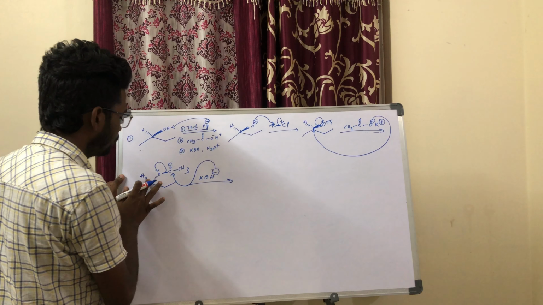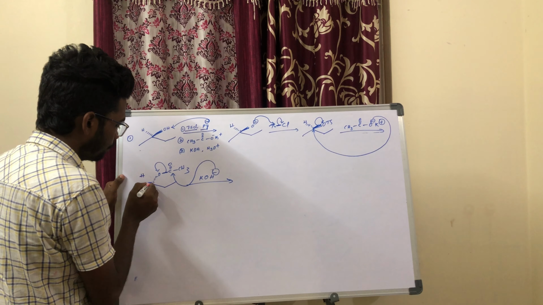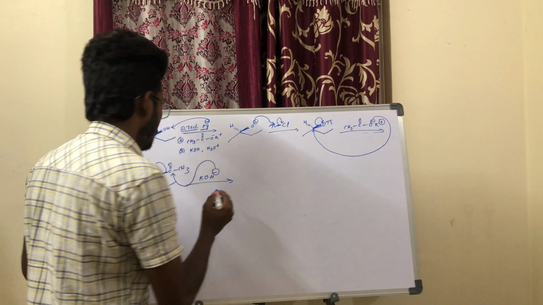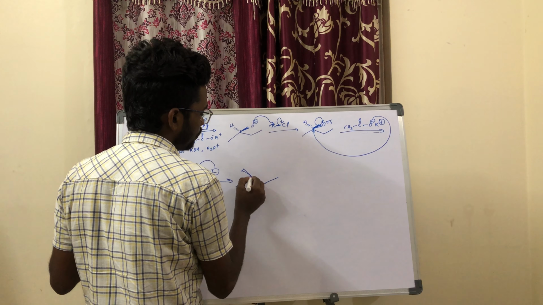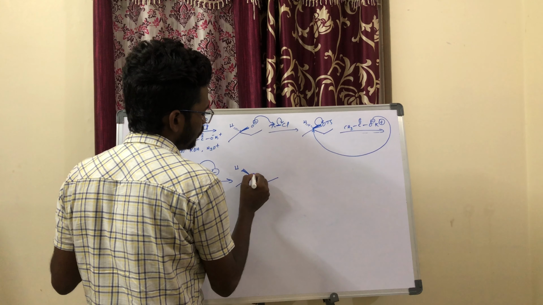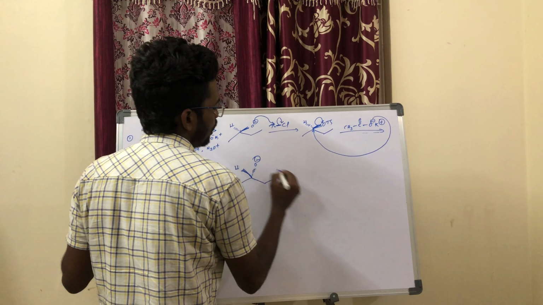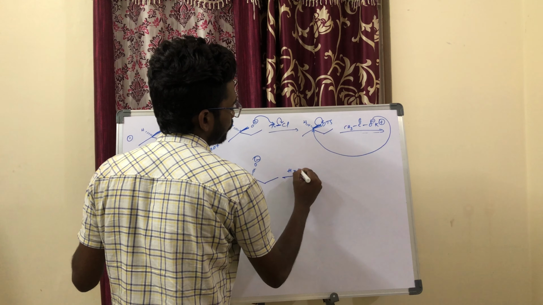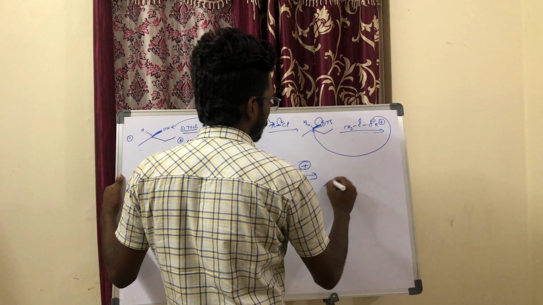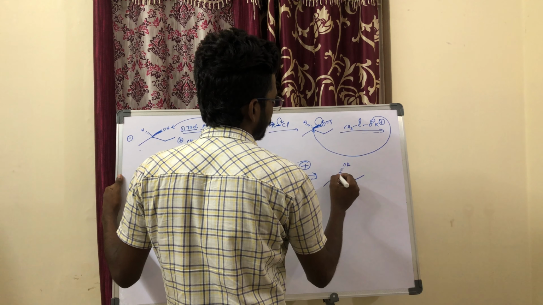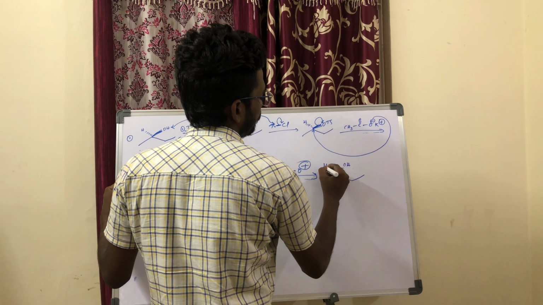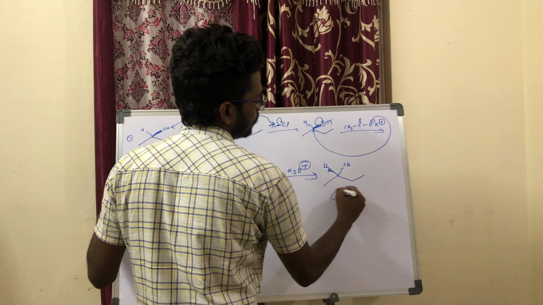So here the hydrogen will go above the plane, and below the plane O minus. After that, work up, so you will get OH. This is our product.